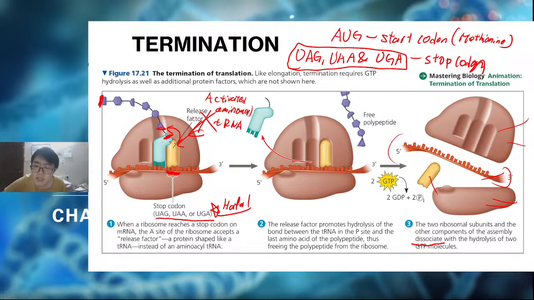So this process requires GTP also. So finally your translation process is end. So this free polypeptide will be transferred to the Golgi apparatus for the modification.